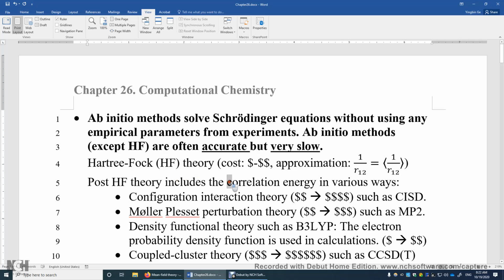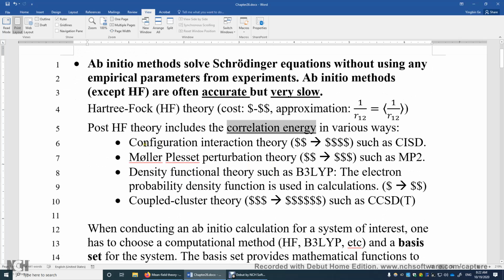So there are so many post-Hartree-Fock theories that include the correlation energy in different ways. There is configuration interaction theory, such as the CISD method, Møller-Plesset perturbation theory, such as the MP2 method, MP3, MP4 methods, and the density functional theory, such as the B3LYP method.